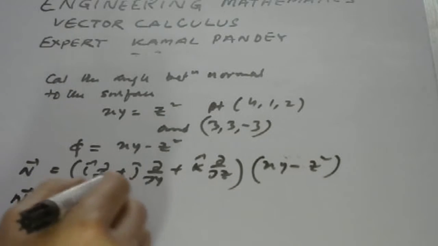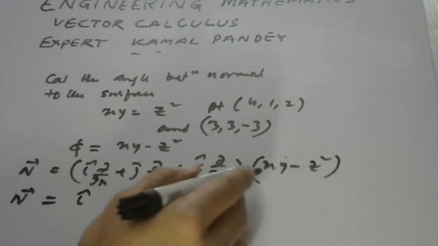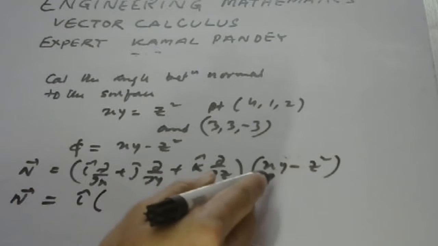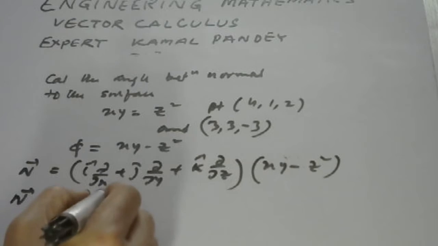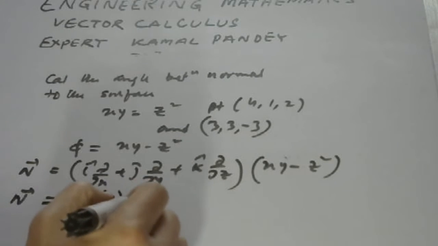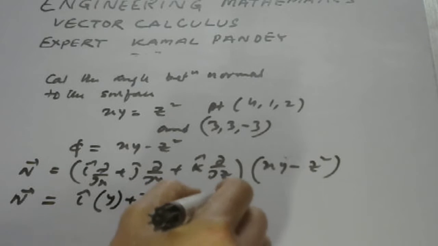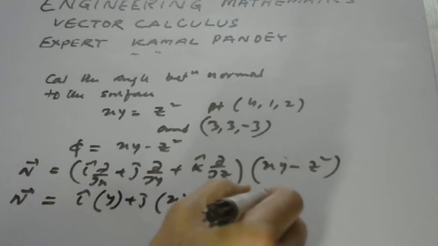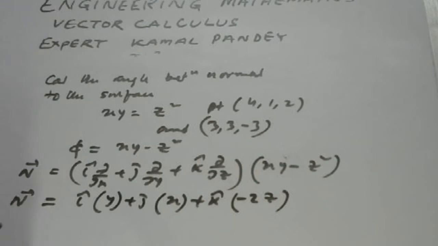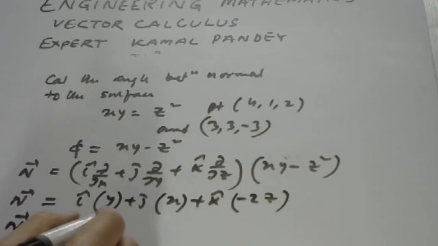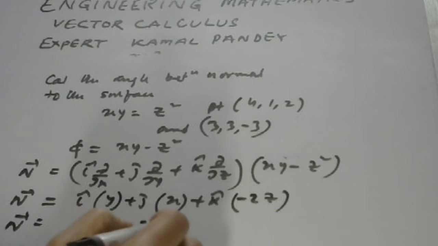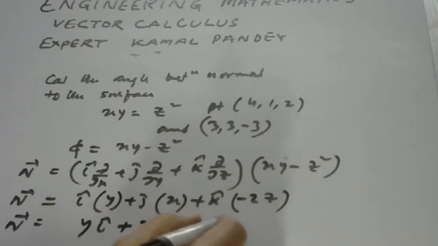We differentiate with respect to x first, this is y i cap, then x j cap, plus k cap, and this is minus 2z. So the n vector we got is y i cap plus x j cap minus 2z k cap.